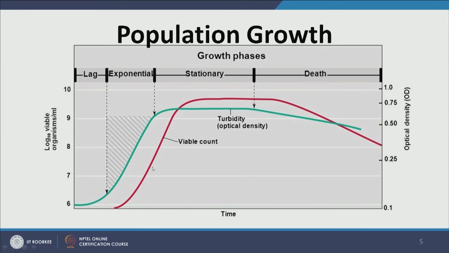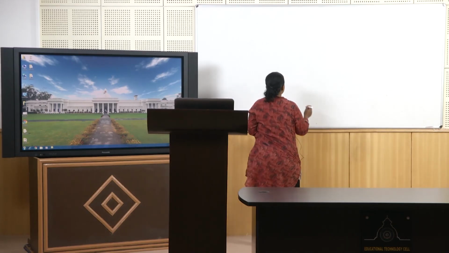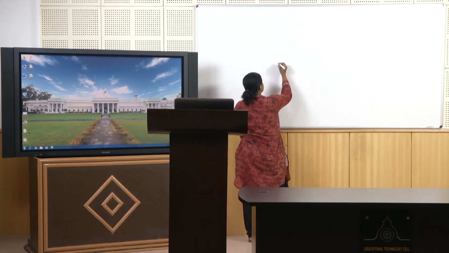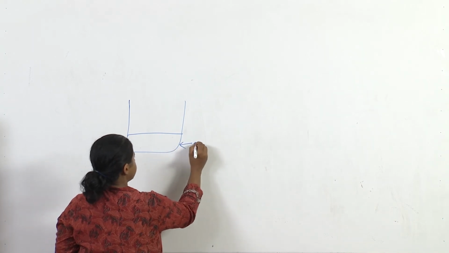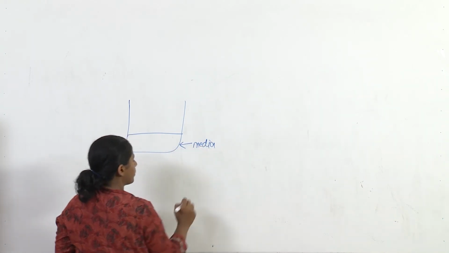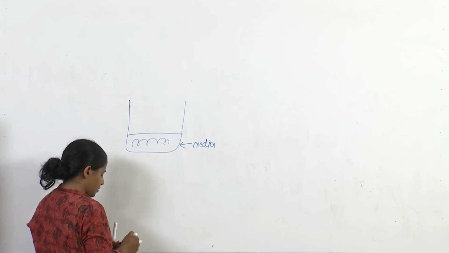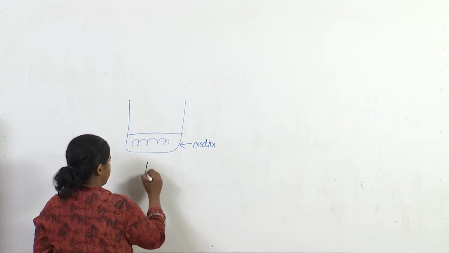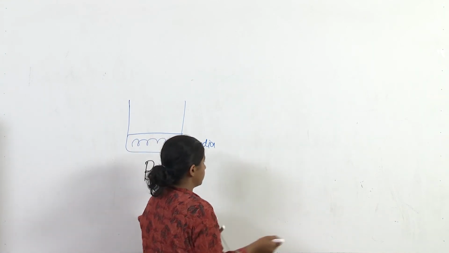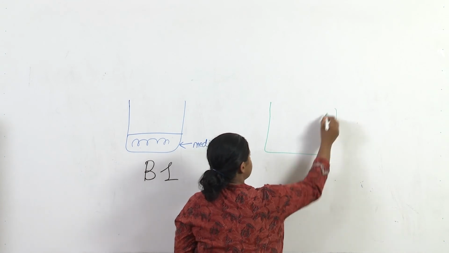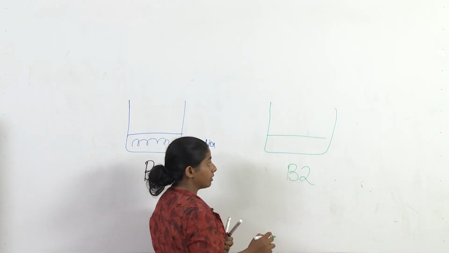Now let's go back here. Let's say I have two beakers, and in one beaker, which is beaker 1, I have some media, which is, in other words, very tasty food for microbes, and I have some microbes that are growing here very happily. In another beaker, beaker 2, I have some media, but there are no microbes growing in it.